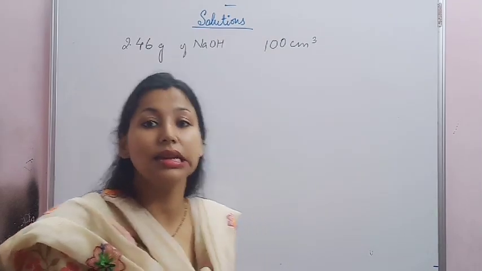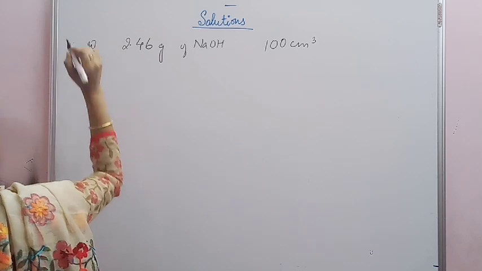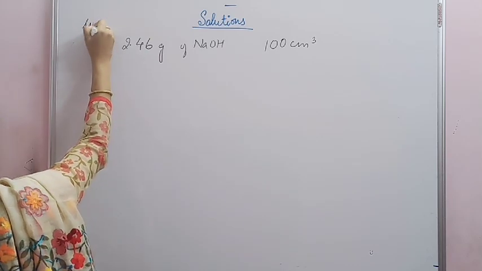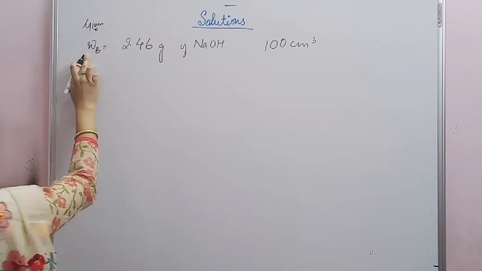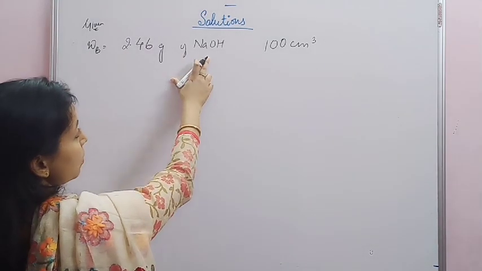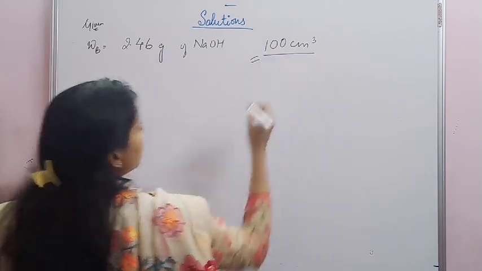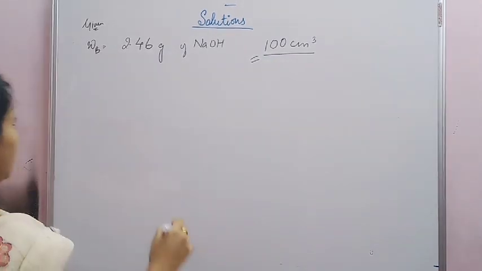Calculate the molarity of the solution. So, according to the question, my given mass, we will write as Wb, is equal to 2.46 gram of NaOH, and the solution's volume is 100 centimeter cube.